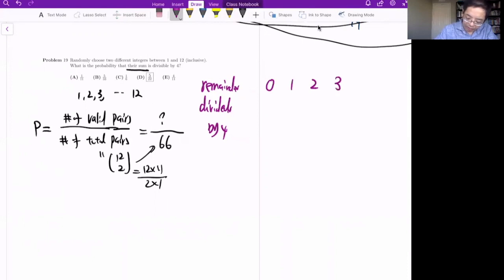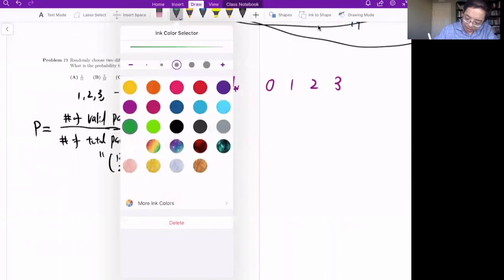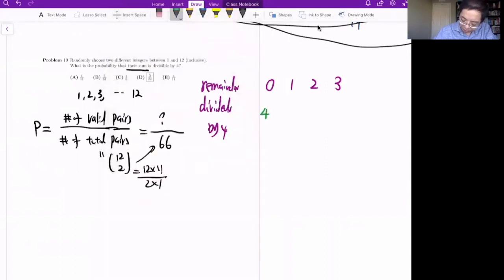For remainder 0, we have 4, 8 and 12. For remainder 1, we have 1, 5, 9. Then we have 2, 6 and 10 for remainder 2, and 3, 7 and 11 for remainder 3. Each category has 4... 3 numbers.